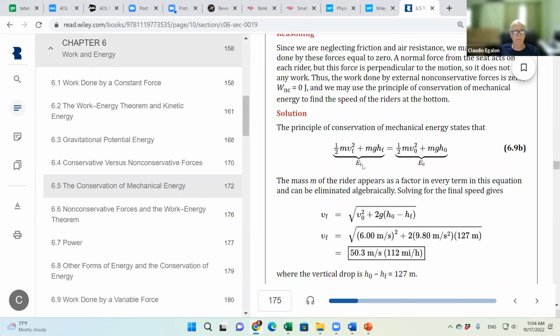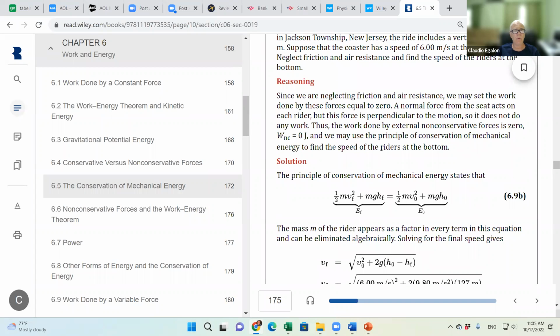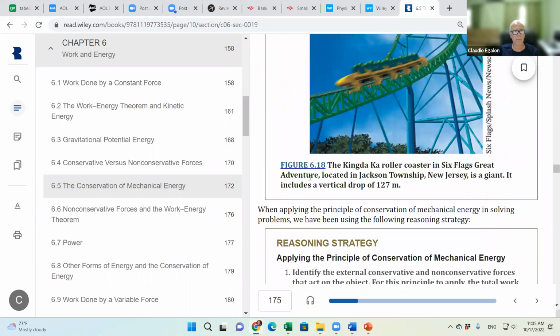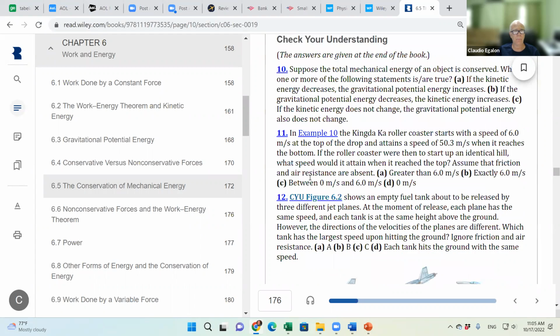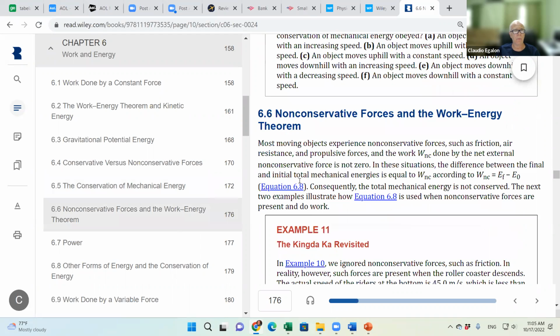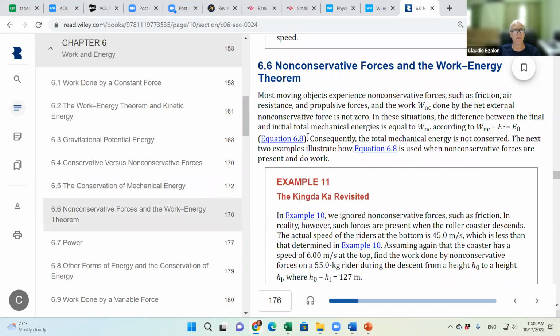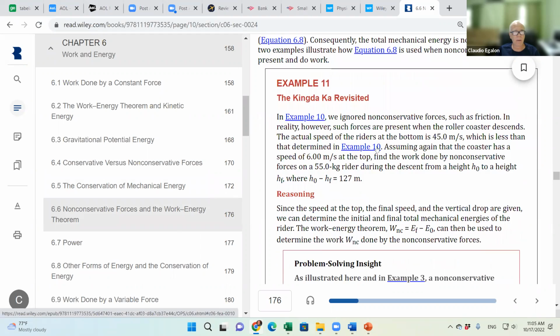Again, final mechanical energy is equal to initial mechanical energy, so the work of non-conservative forces is going to be 0 as well. Here you go, non-conservative forces, the work-kinetic energy theorem. They spelled that out correctly.